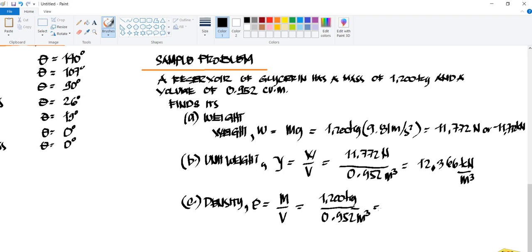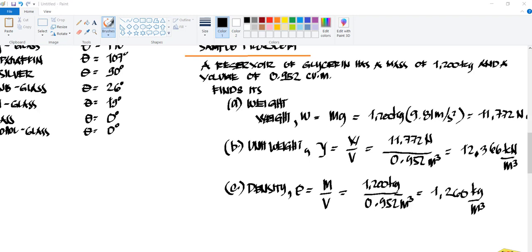So we have a density of 1260 kilograms per cubic meter.